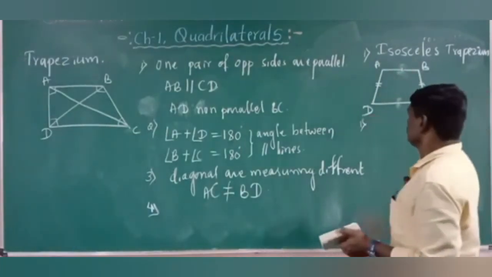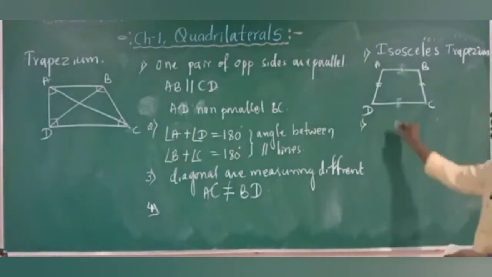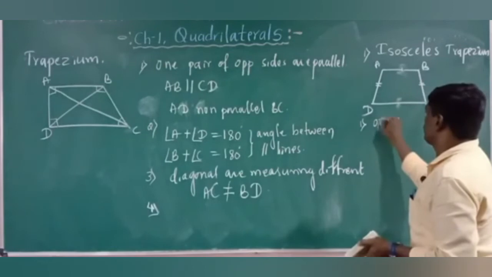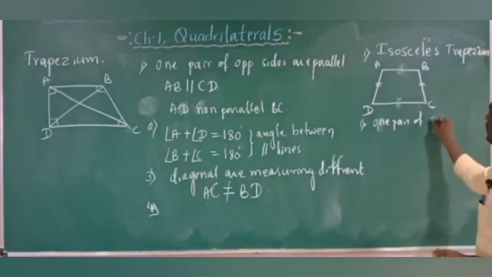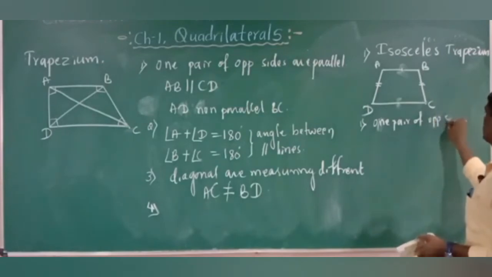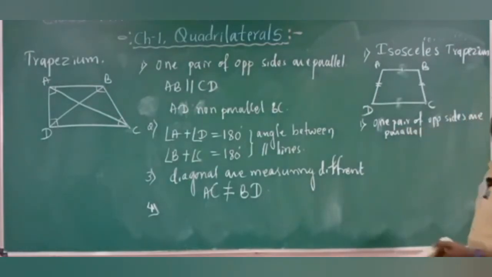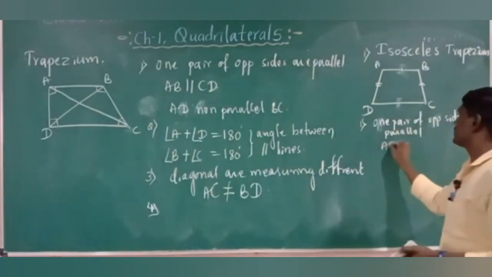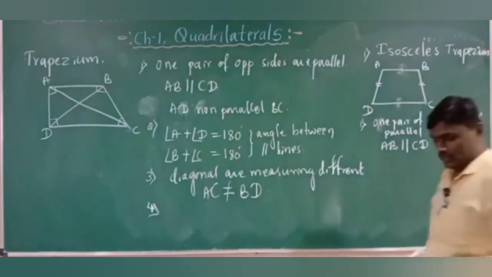So take the first property of isosceles trapezium: one pair of opposite sides are parallel. So parallel sides AB is parallel to DC.